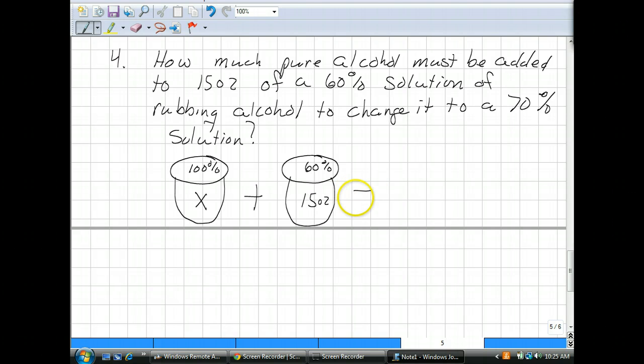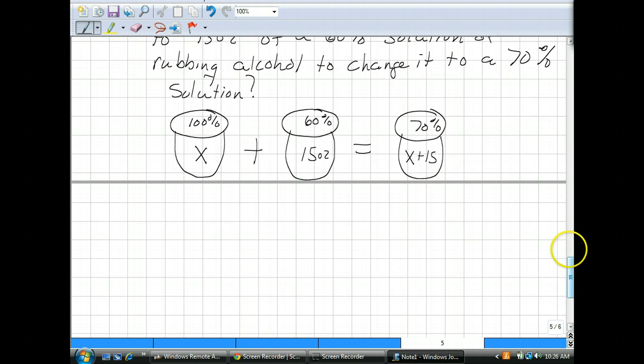And we want that to come out to a solution that's 70%, and I'm going to pour these two together so that in this last container I'm going to have x plus 15 in that container, right?